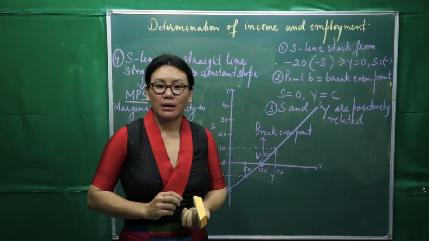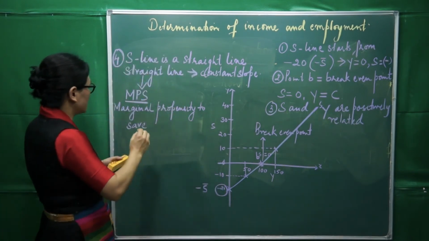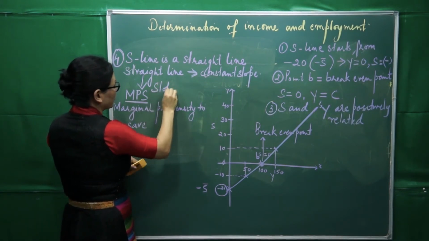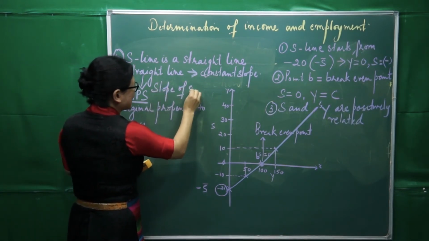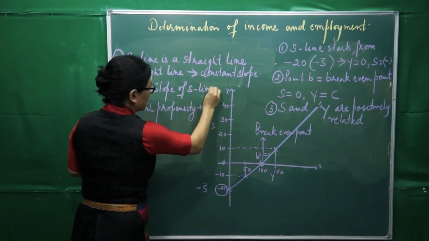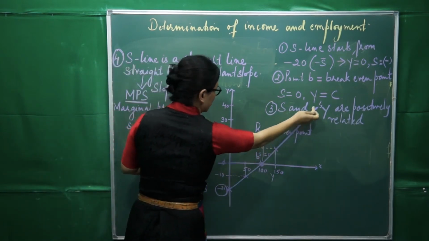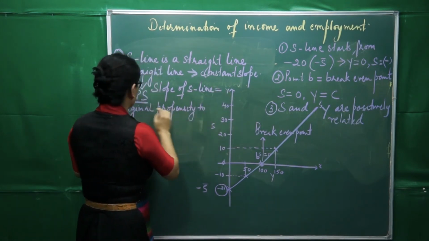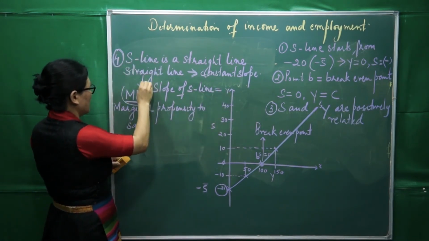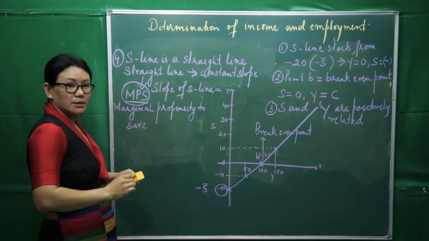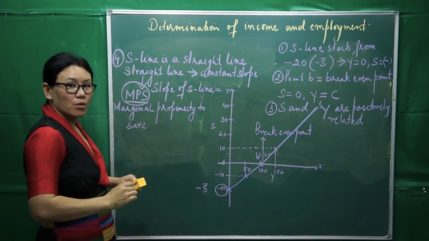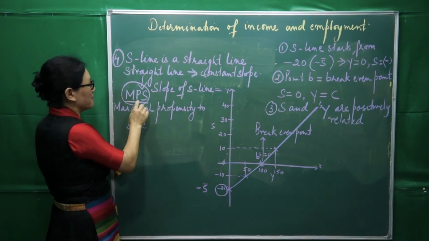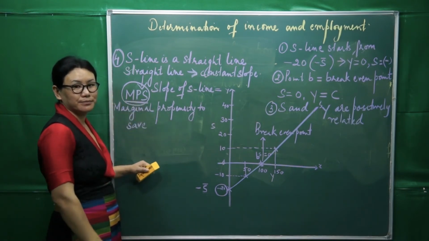Okay, so we can say here slope of S line, that is saving line, is equal to this MPS. So now we have to get this MPS constant.